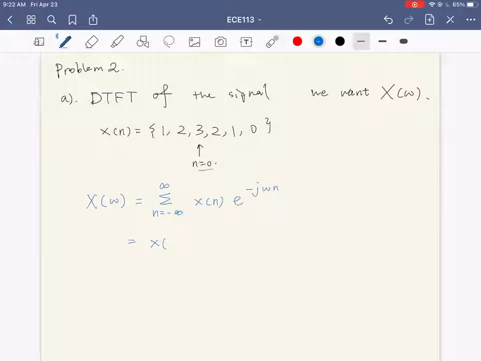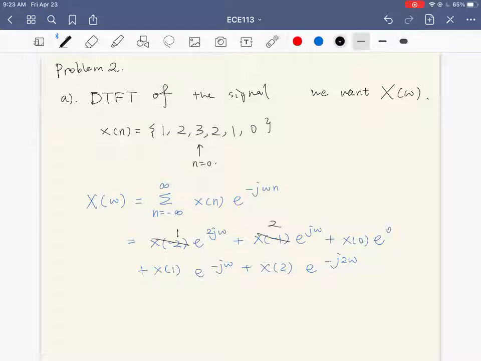So this is n equals 0, this is -1, this is -2. All right, and please correct me if I'm wrong. Let's substitute the values in. This should be 1, this should be 2, this should be 3, this is 2, 1, and 0 something.